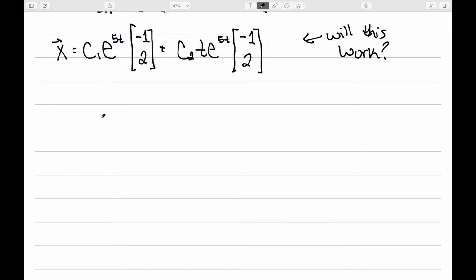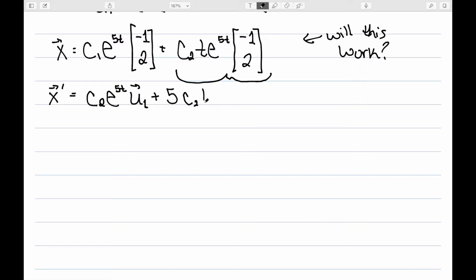Well, our differential equation says x prime. So I'm only going to be considering this vector right now. The derivative of this, using the product rule, would be c2 e to the 5t times u1, where u1 is this vector, negative 1, 2, plus 5 c2 t e to the 5t times u1.